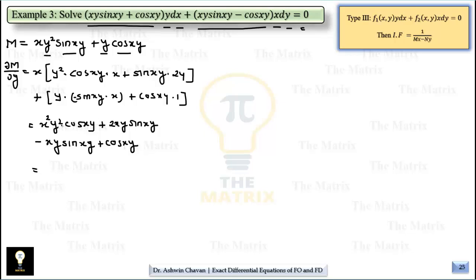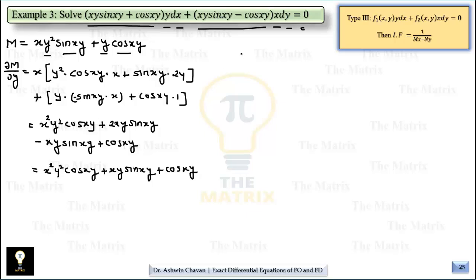Finally, these two middle terms can be clubbed. So we are left with x square y square cos of xy, 2xy sine xy minus xy sine xy is 1 xy sine xy, plus cos of xy. This is what the dou M by dou y is.